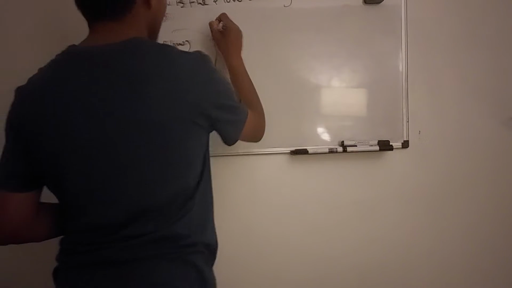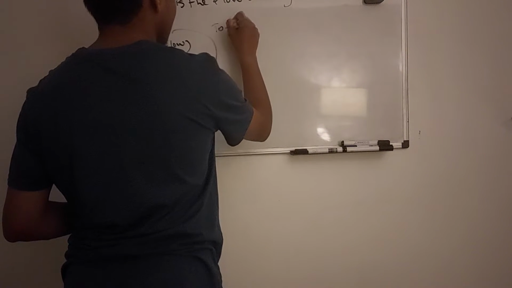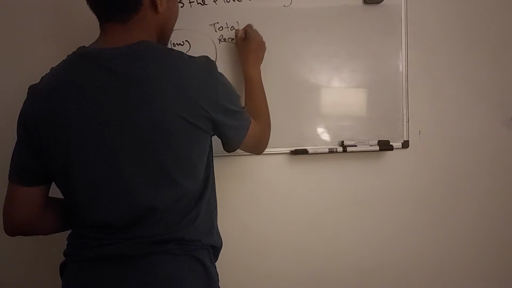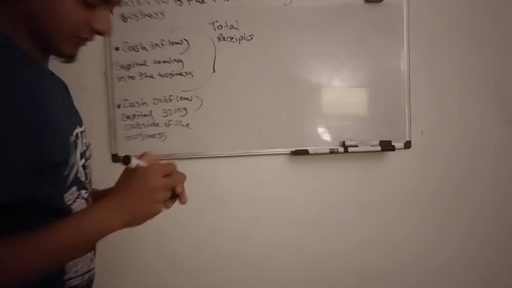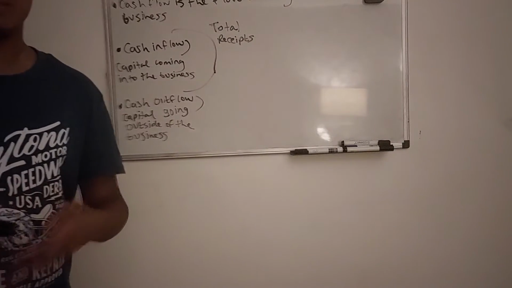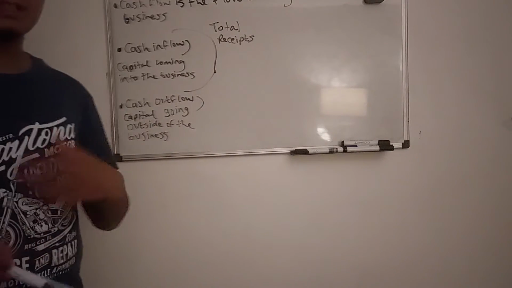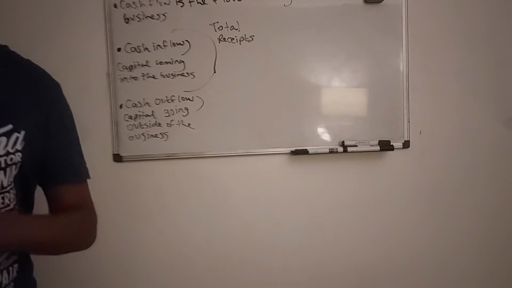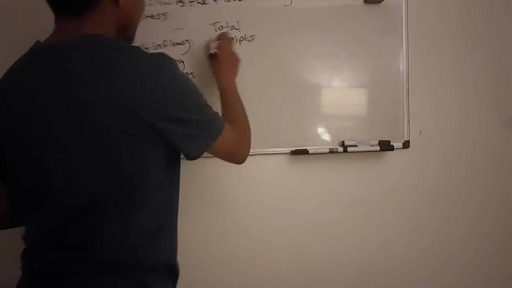So cash inflow is known as your total receipts. When you get a receipt, for example in a store, when you purchase something, that's money coming inside the business, because the money you're spending is going inside the business. The business is gaining the profit. So that's why cash inflow is total receipts.